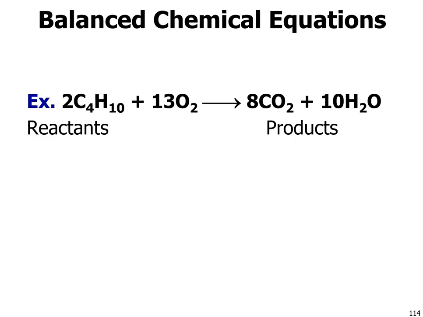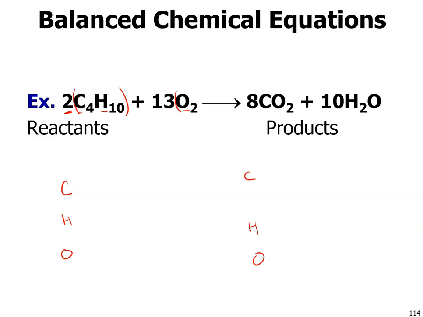For this accounting, we need to take all of these elements. I have a carbon, I have a hydrogen, I have an oxygen on both sides. And this number in front is the number of molecules. So the number in front describes the number of molecules in that reaction.